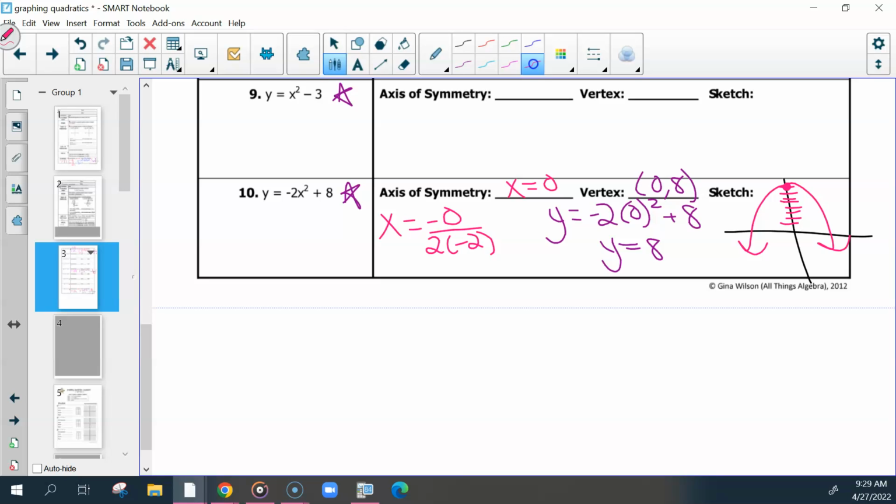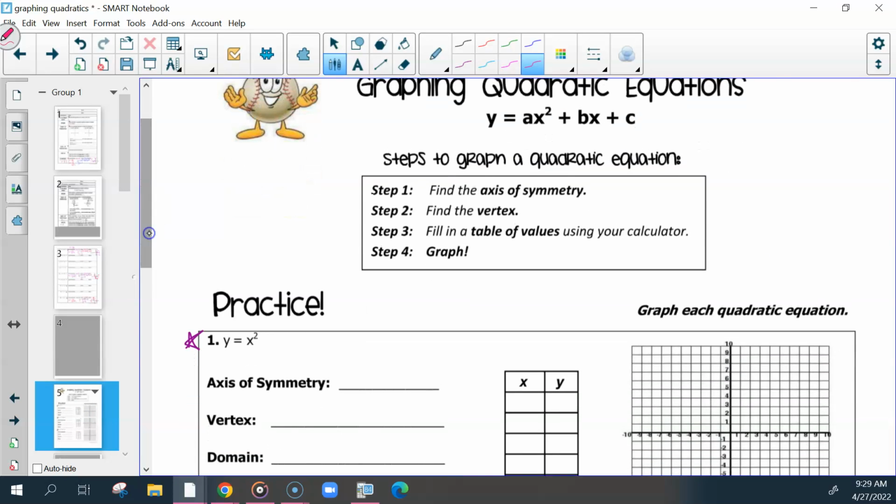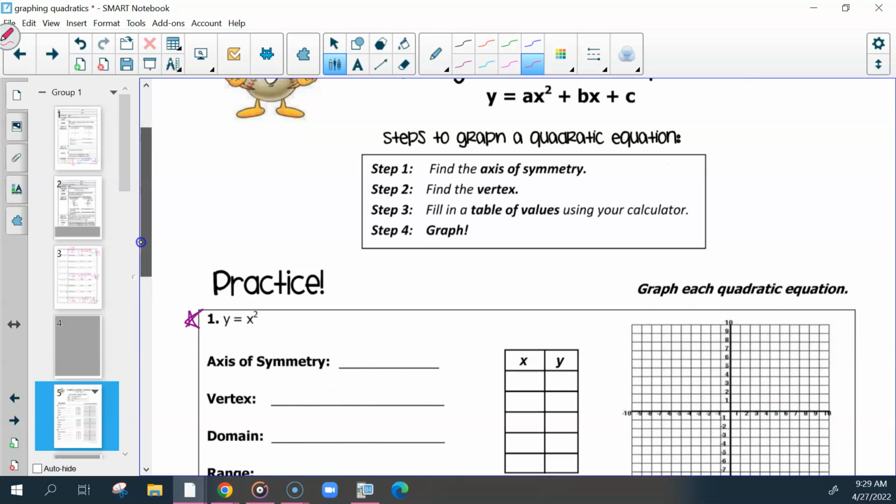Alright, moving on to the next page. So now we're going to actually graph these. The axis of symmetry and vertex is going to be the same.